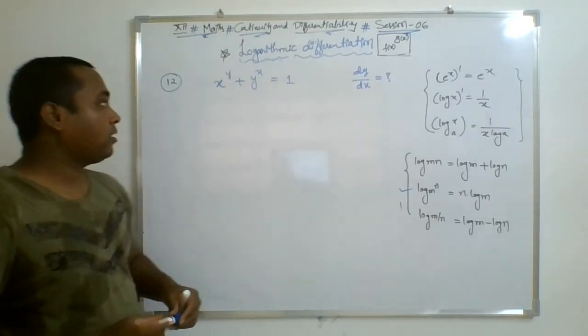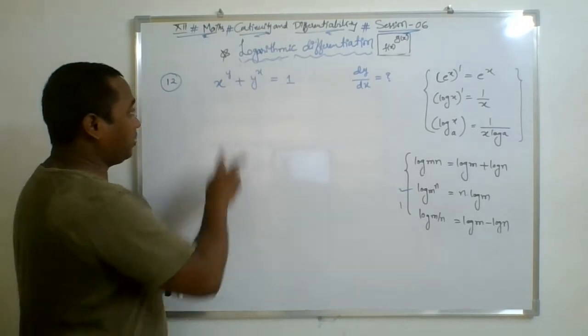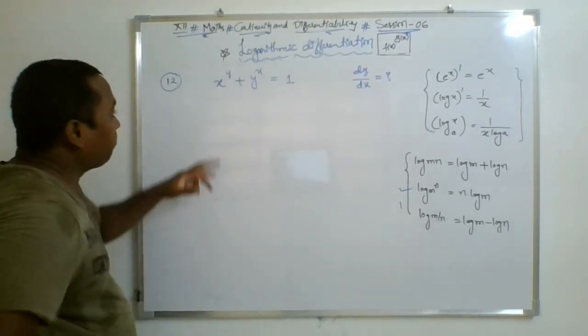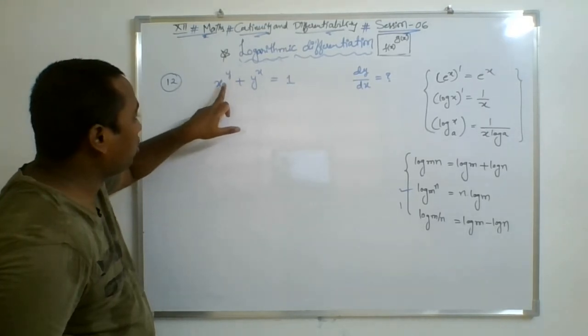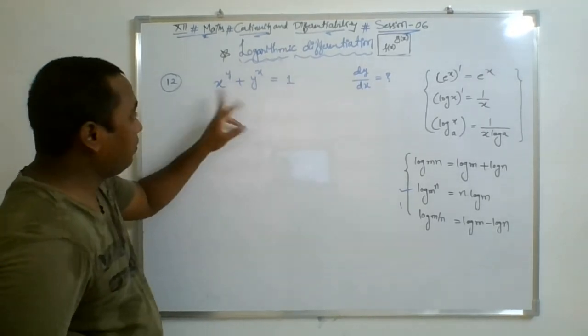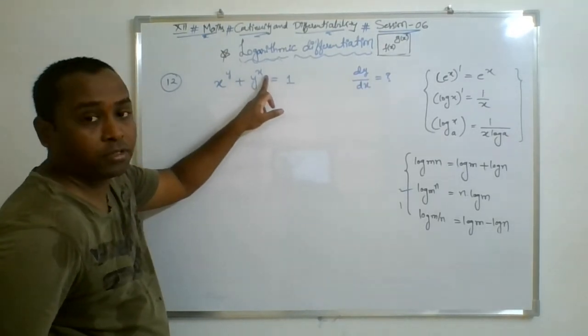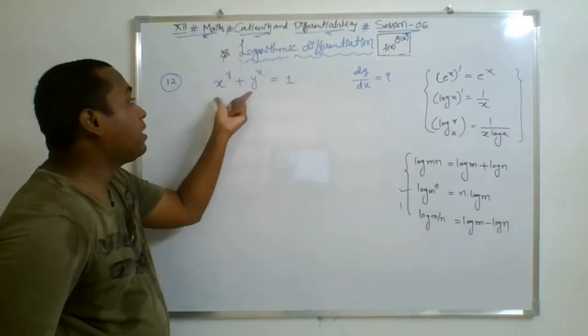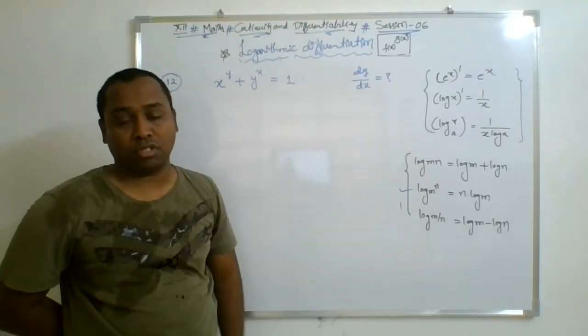But before starting the derivative, just look at this function. It is in the form of x power y, a function power function, and here also you can see a function power function. It means that to do the derivative of these functions, you need logarithmic differentiation.